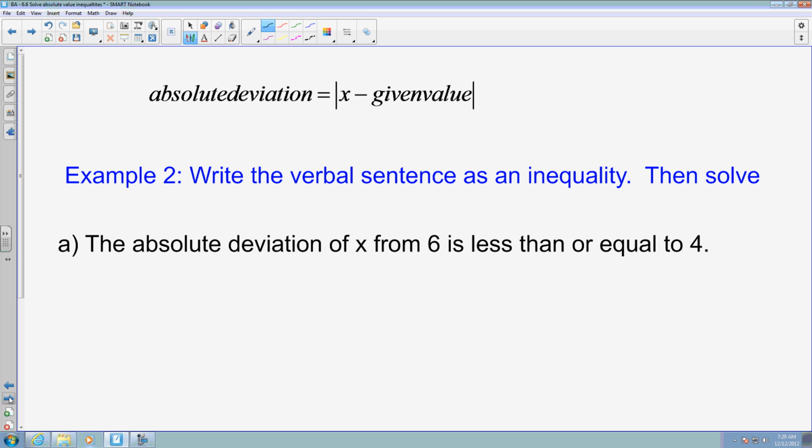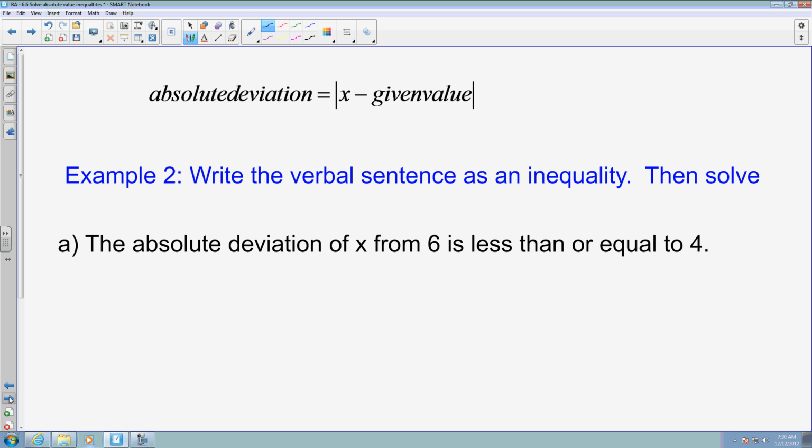So for these examples, we want to write a verbal sentence as an inequality and then solve it. So for A, I have the absolute deviation of x from 6 is less than or equal to 4.